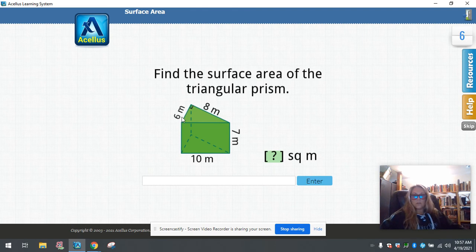For the triangle, it's a little trickier, except that we know that this is a right triangle. So when we know that it's a right triangle, we know that the base would be 6 and the height would be 8. And to find the area of a triangle, it's just base times height divided by 2. So let's go ahead and do all these little calculations to find our areas.